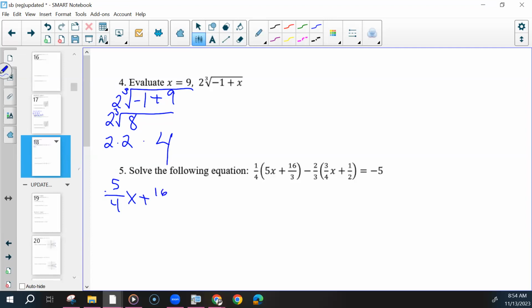If you went ahead and simplified it, that's okay. Minus 6/12 x minus 2/6 equals -5.